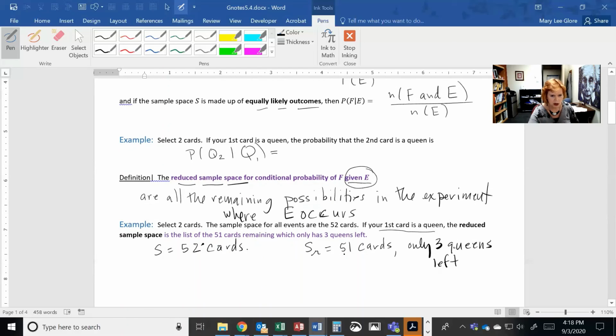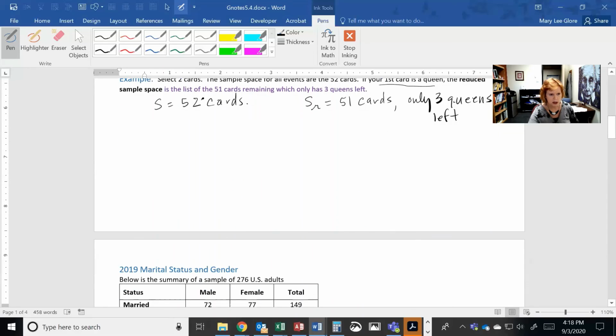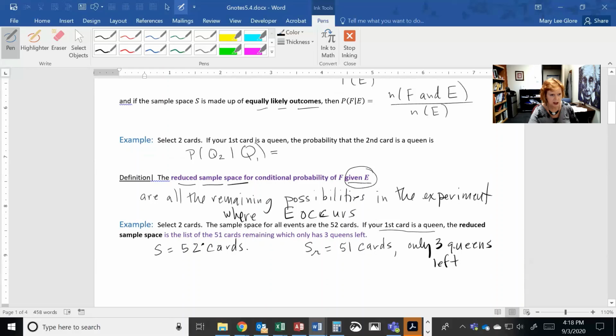So those 51 cards with the 3 queens left are the reduced sample space. So if we want to fill in the probability of Q2 given Q1, now my reduced sample space is here. How many ways can I get a queen on the second card? There's 3 out of the 51.